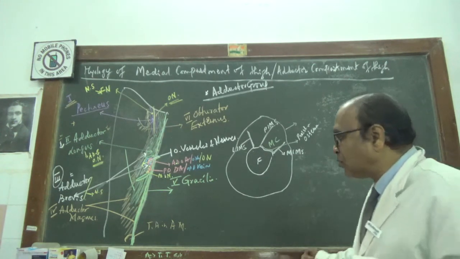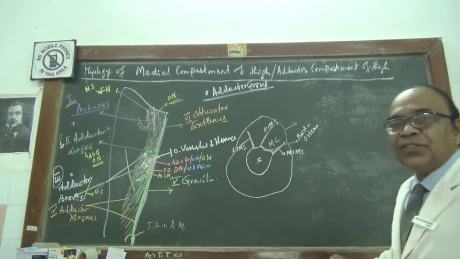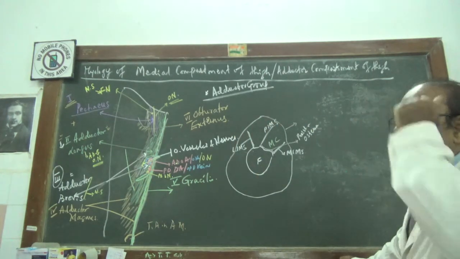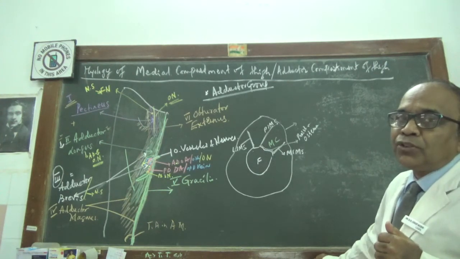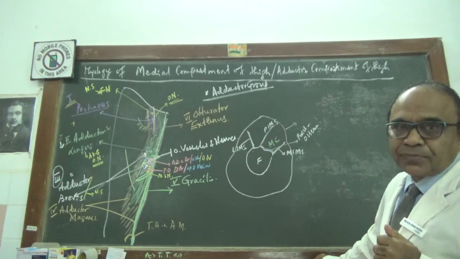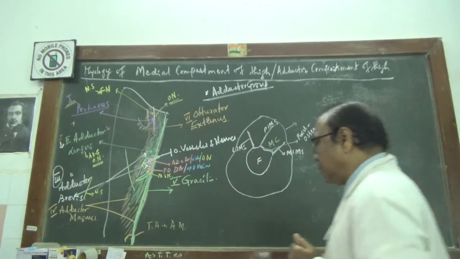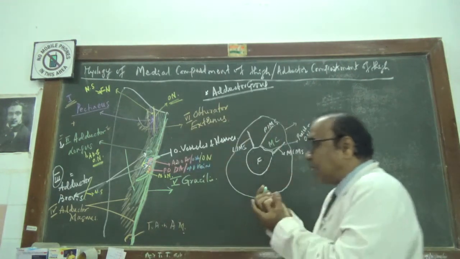There the adductor tubercle gets inserted. While it is running, it will form the posterior lower limit of the adductor canal. So this is the adductor magnus.